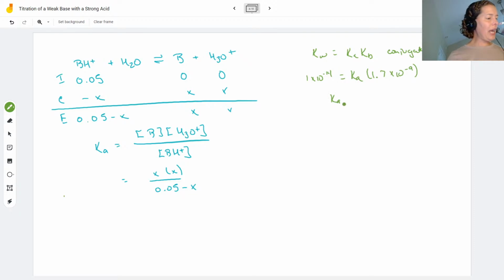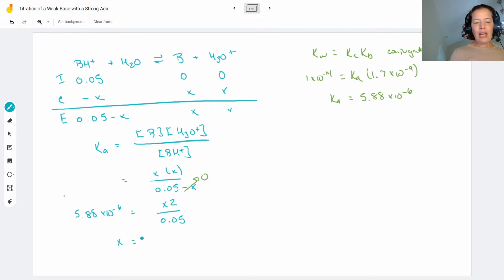All right, so our Ka, where is that calculation? Here it is: 5.88 times 10 to the negative 6. So we're still plenty small enough to assume that our minus x doesn't make any difference with our 0.05 molar. So I'm going to drop that term, and that's just going to make solving this so much easier. Okay, so we have 5.88 times 10 to the negative 6 equals x squared over 0.05.